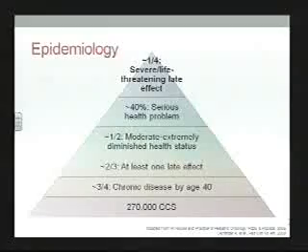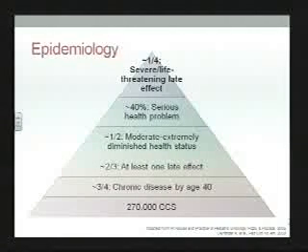So late effects are actually pretty common. There's about 270,000 childhood cancer survivors in America today, and about 3/4 of these will have a chronic disease by age 40. 2/3 will have at least one late effect. Half will have moderate to extremely diminished health status, and 40% can actually have a serious health problem.